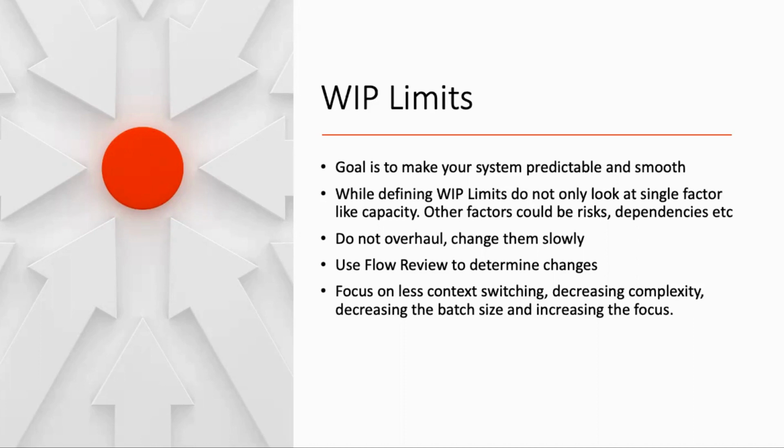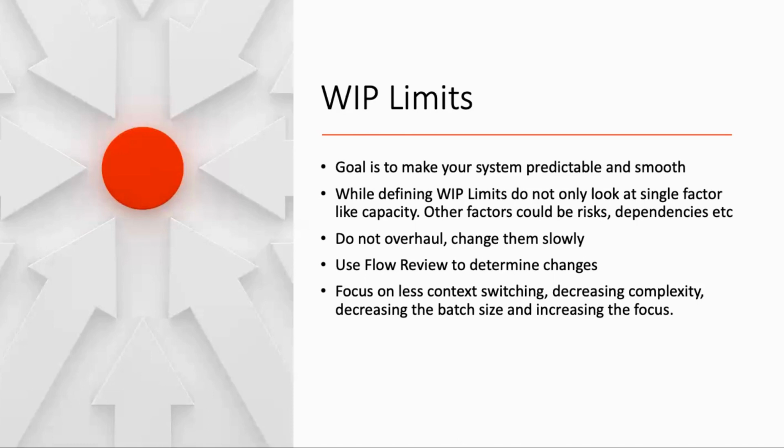That means that you have to keep on modifying and revisiting your WIP limits. But when you revisit them, do not overhaul. Change them slowly. Be as slow as possible in the change. Use your flow review meeting to determine the changes.